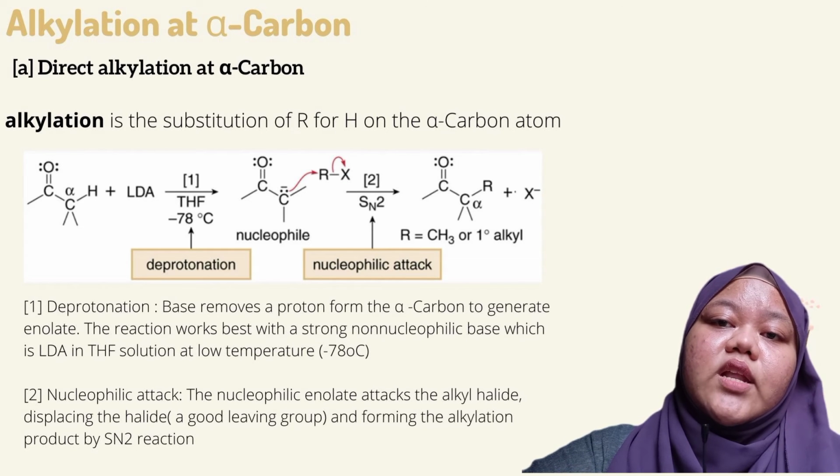The second step is the nucleophilic attack. The enolate attacks the alkyl halide, displacing the halide, which is a good leaving group, and forming the alkylation product by the SN2 reaction.